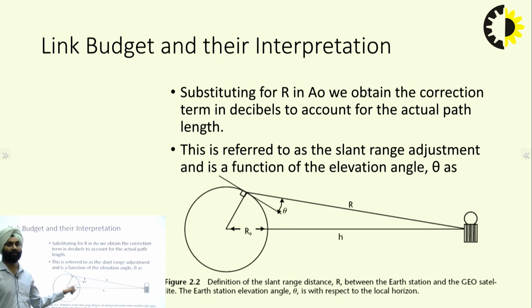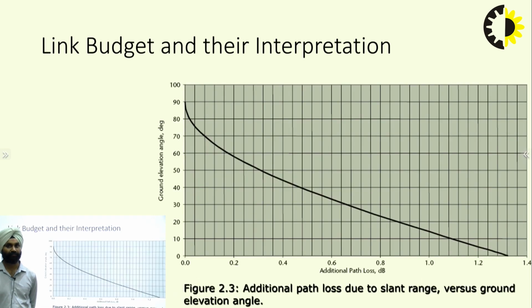To calculate this difference, we need the slant height. The slant range distance r is between the earth station and the geostationary satellite. The earth station elevation angle is this theta with respect to the local horizon at the ground station.